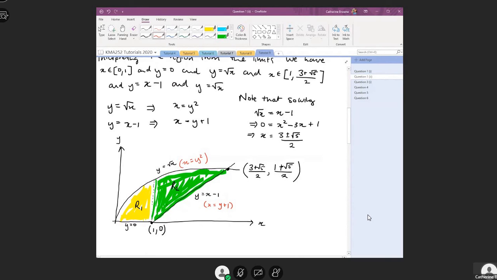And so we're going to integrate from x is equal to y squared all the way to x is equal to y plus 1. And we can do that from y is equal to 0 to y is equal to this number here, where the lines intersect. Does that make sense to everyone? And can you see that now we only need one region?